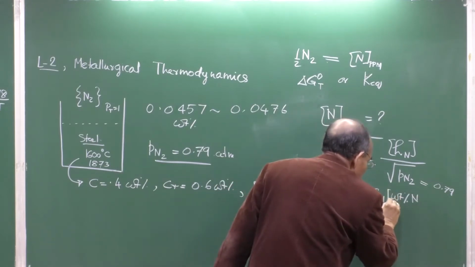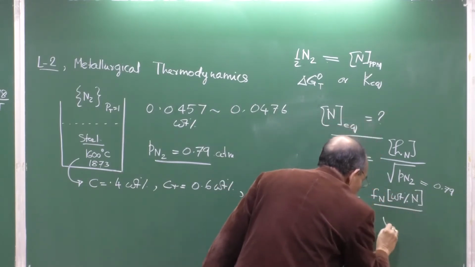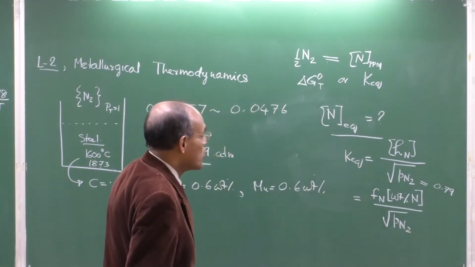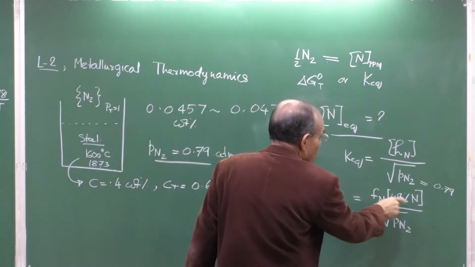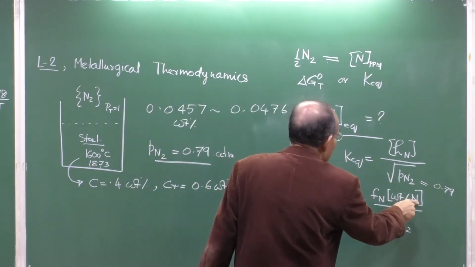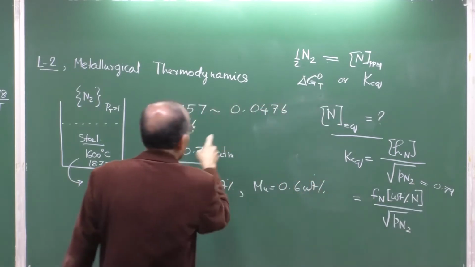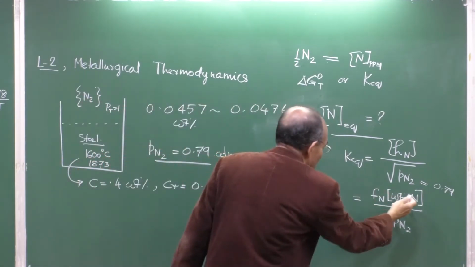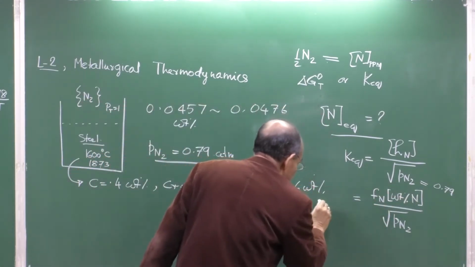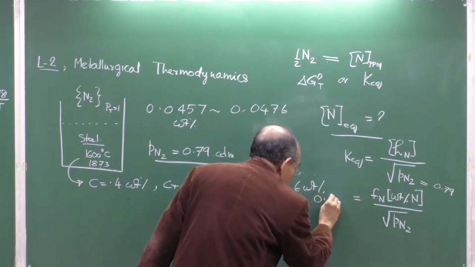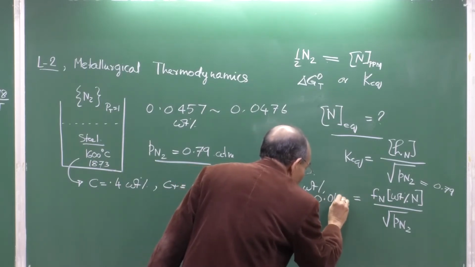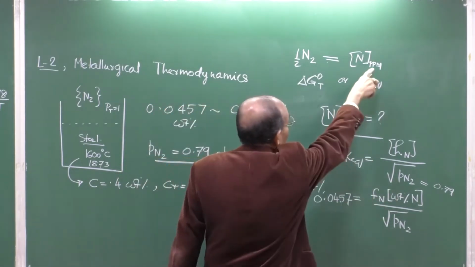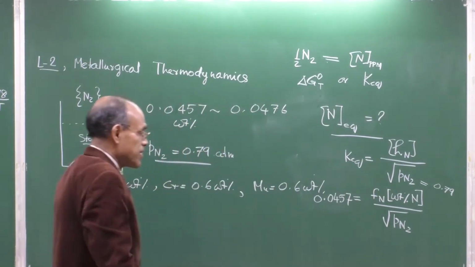Because I have considered weight percentage, I could have written fN into nitrogen concentration in ppm, and that is equal to 0.457, but weight percentage and ppm are related. So I will say this is equal to not 457, but 0.457, because I have not written ppm, I have written in weight percentage scale itself.